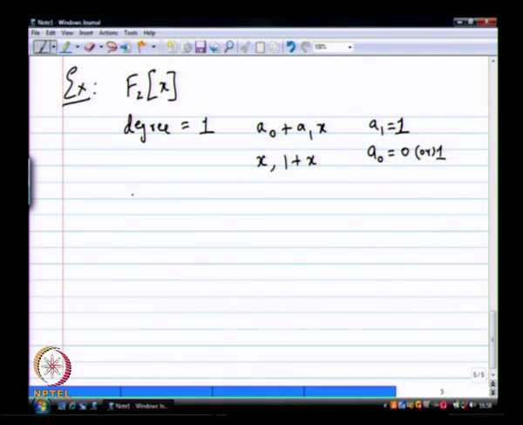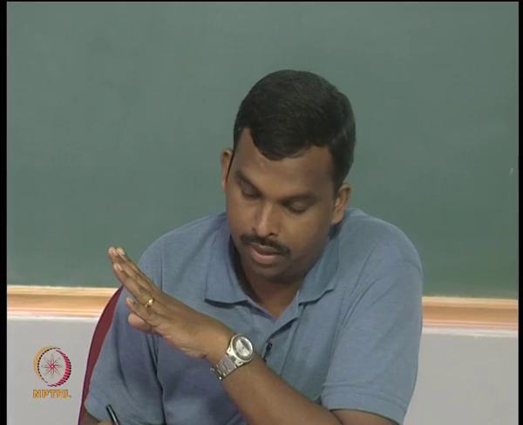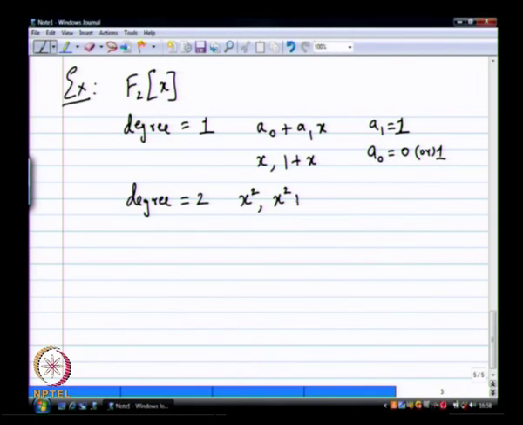And then if you say degree 2, what happens? You have 4 different polynomials of degree 2. What are the 4 different polynomials? x squared, x squared plus 1, x squared plus x, and x squared plus x plus 1.